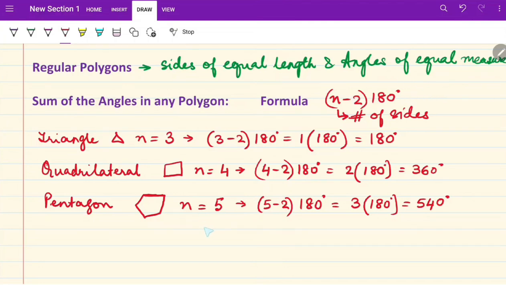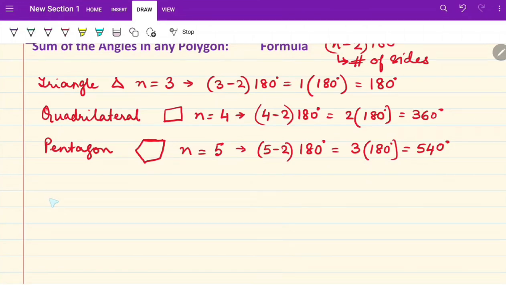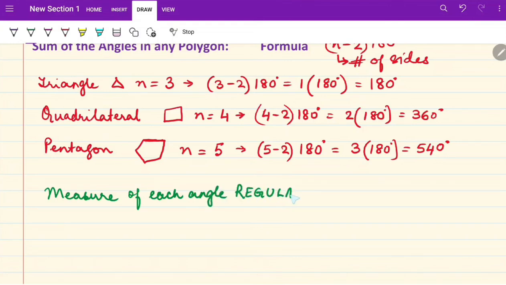So we can find the value of each individual angle in a regular polygon if we know the sum of the angles for that polygon. The measure of each angle in a regular polygon: the key word here is regular, because only in a regular polygon will all angles be of the same measure.